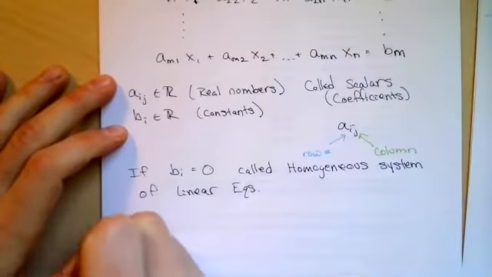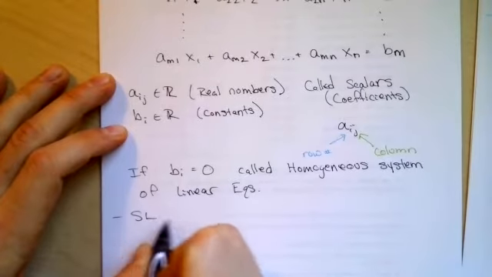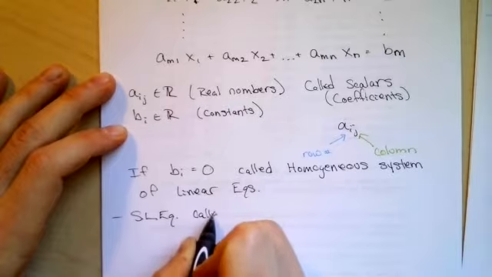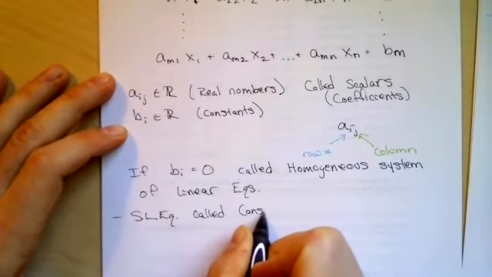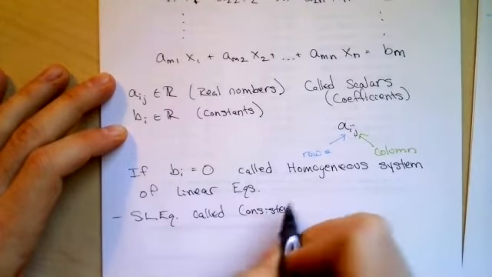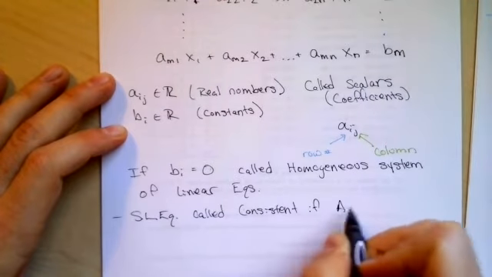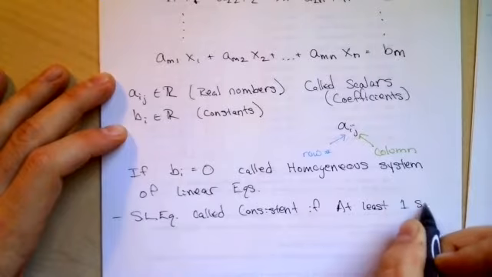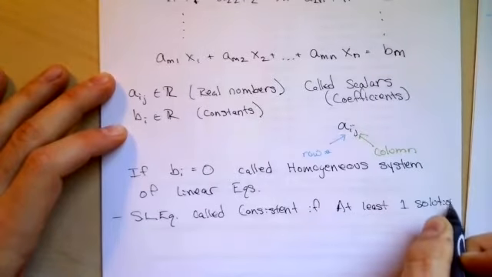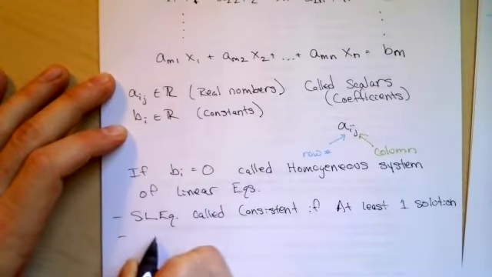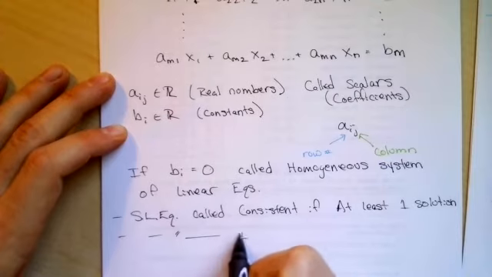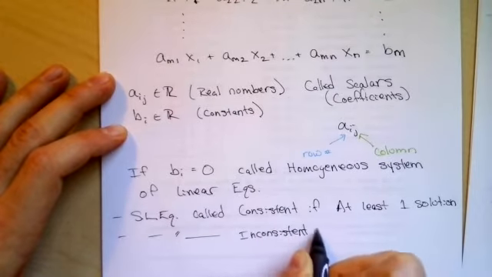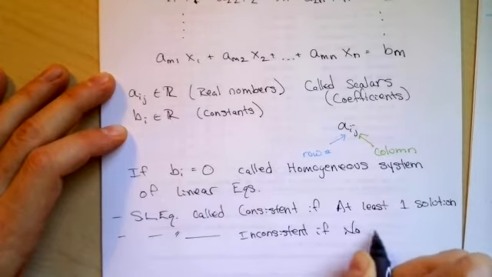A system of linear equations is called consistent if there is at least one solution, and inconsistent if no solutions.